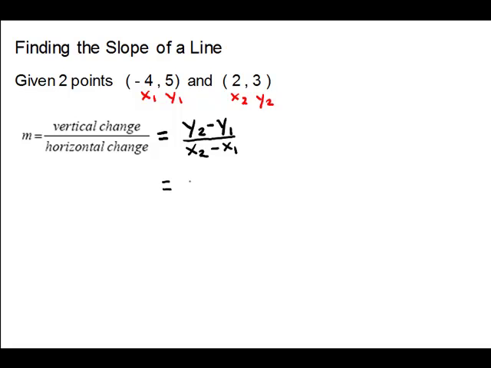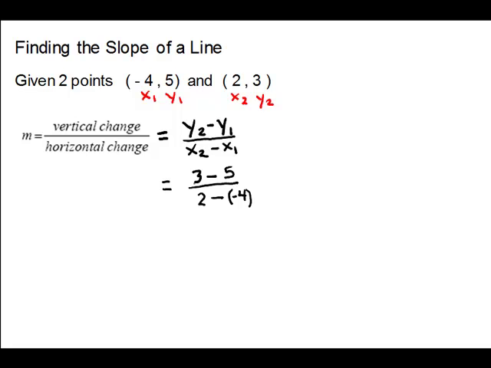For y2, we have 3 minus, from the formula, y1 is 5 over x2, which is 2, minus from the formula. And notice x1 is a -4. Don't lose a sign. This minus is from the formula. We're plugging in a negative. So we'll use parentheses. And then we'll clean up.